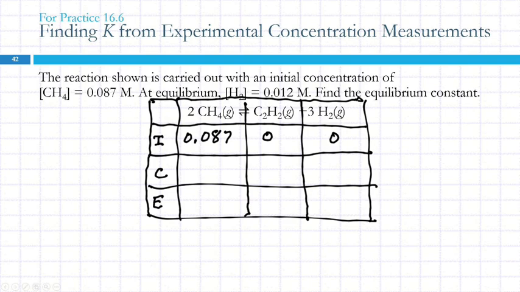So typically what happens with a chemical reaction is we put some reactants together, and they react, and they make the products, but we didn't have any products to start with, right? So if they're not telling you, it's going to be 0 for products. At equilibrium, H2 is 0.012. So we can write that in here, 0.012.